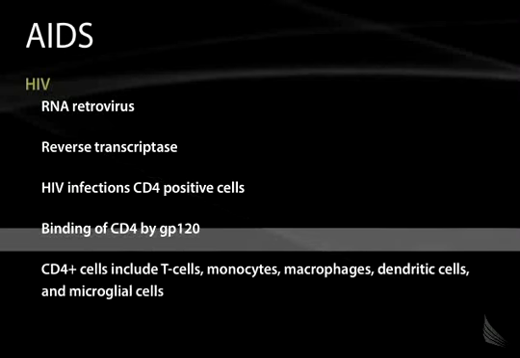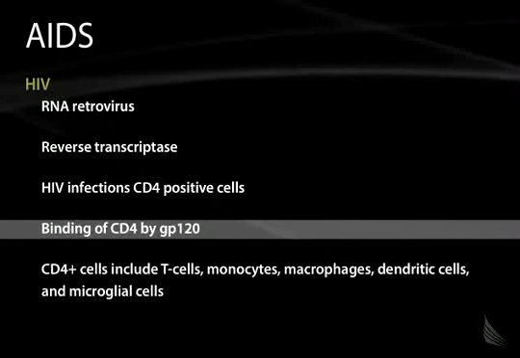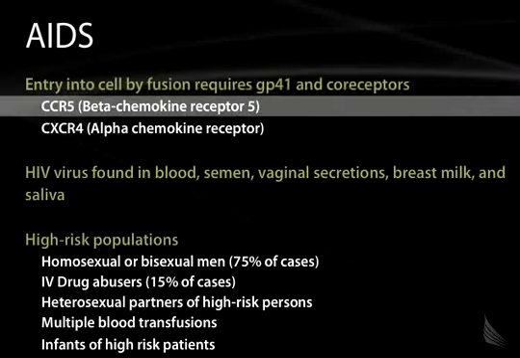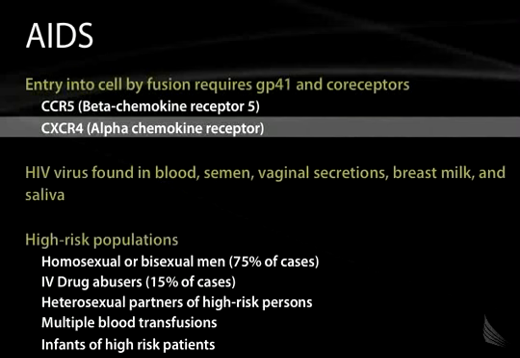How this occurs is by the binding of the CD4 receptor by the GP120 protein that's present on the virus itself. The virus enters into the cell by fusion between GP41 and various co-receptors that are present upon a CD4 positive cell. The receptors are things such as CCR5 and CXCR4.